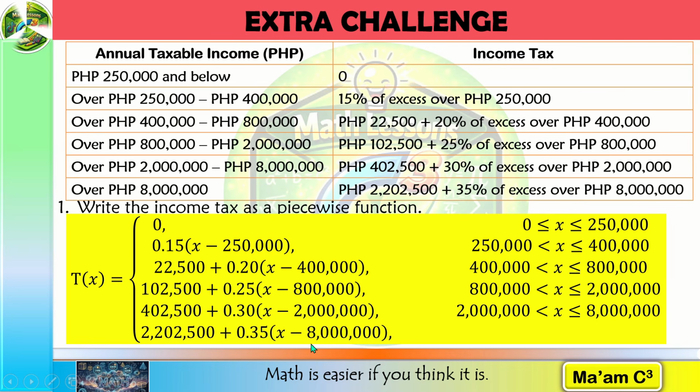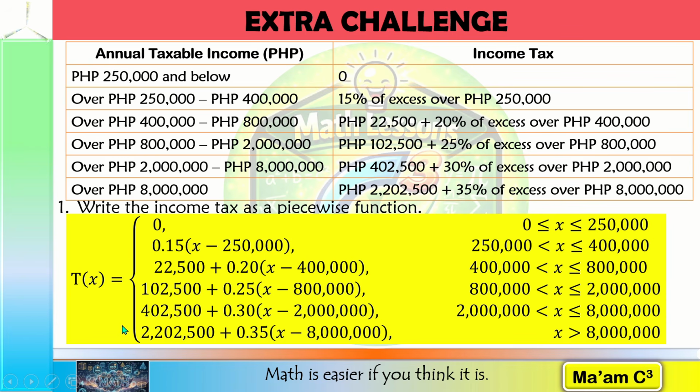So the excess of 8 million is multiplied by 0.35 plus the constant 2,202,500, if the annual taxable income is over 8 million, x is greater than 8 million. And we're done. Notice how each row of the table becomes one piece of our function.